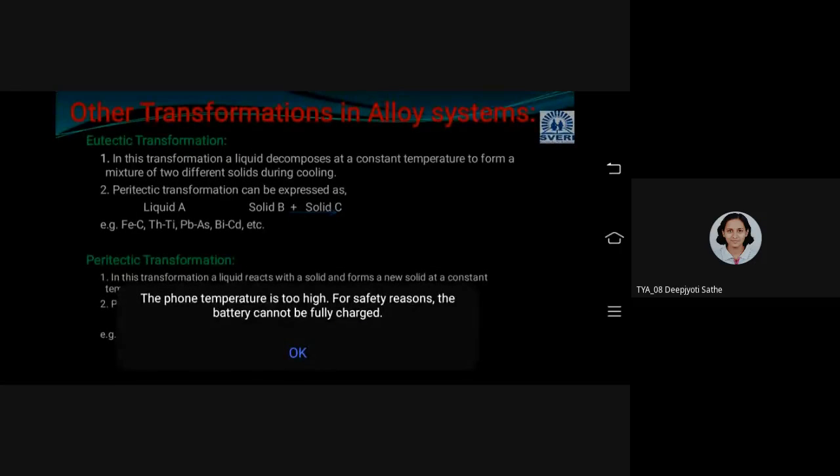One liquid will decompose at a particular constant temperature to give a mixture of two different solids during the cooling process. It is the eutectic transformation. From one liquid you will get two different solids having different morphologies. For example, Fe and carbon alloy, lead and arsenic, thorium and titanium, bismuth and cadmium alloys. These are there.